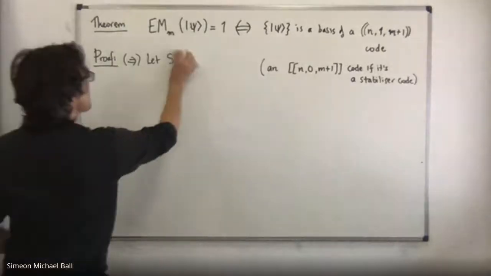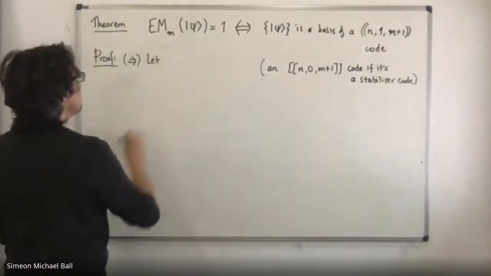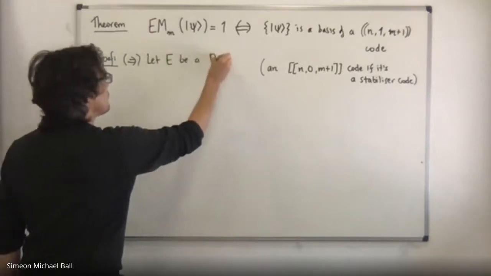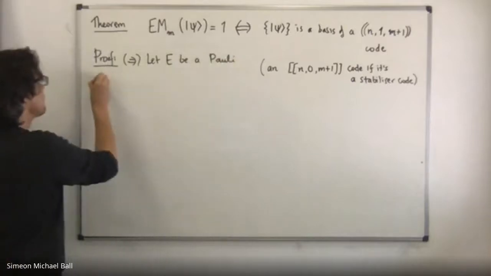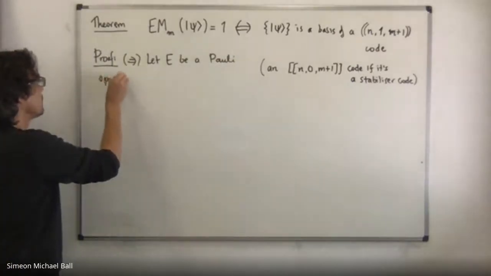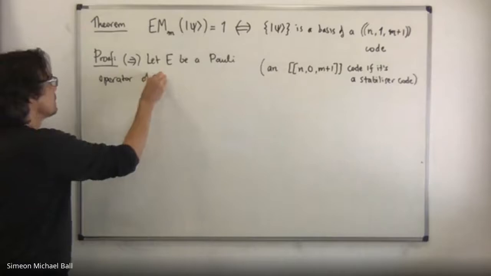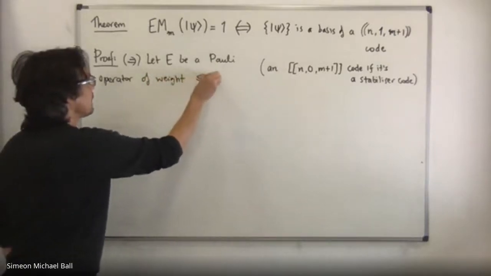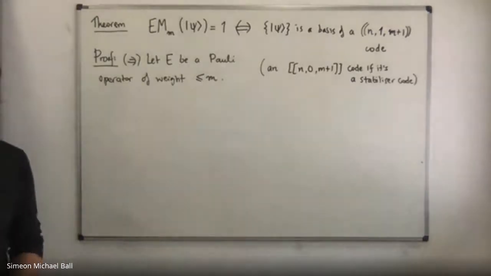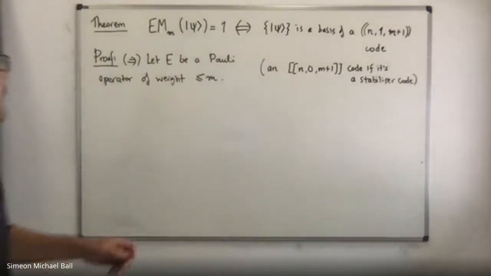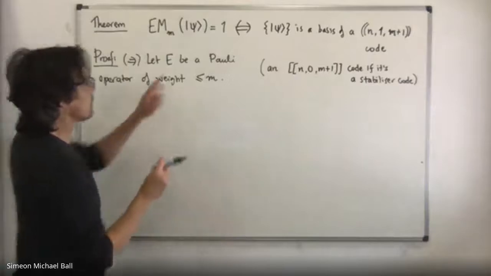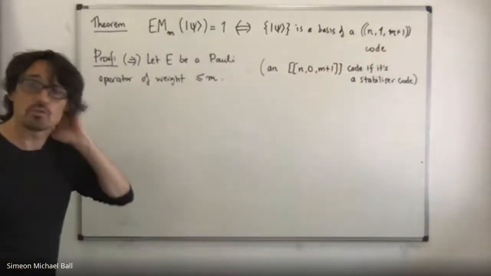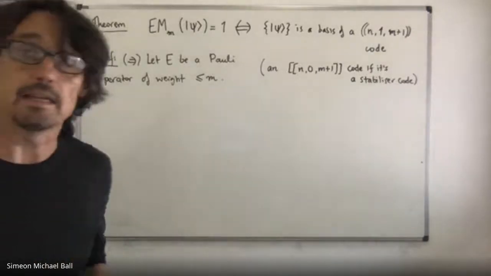So let's first say that E is an error, that E be a Pauli operator. What we need to show is that psi E psi is equal to 0, because then it will be, as we just saw in the previous board, a code.